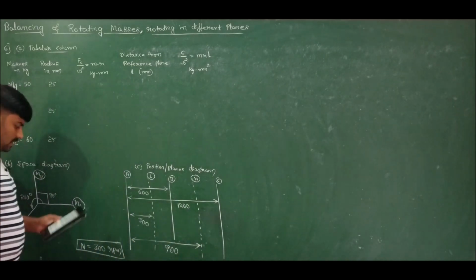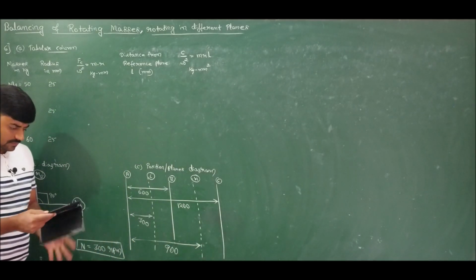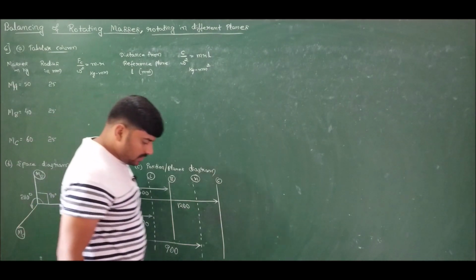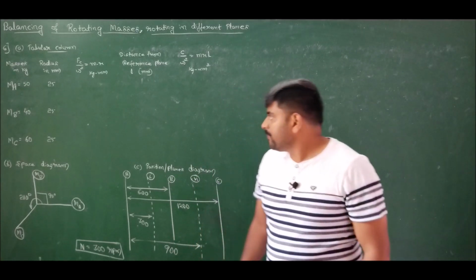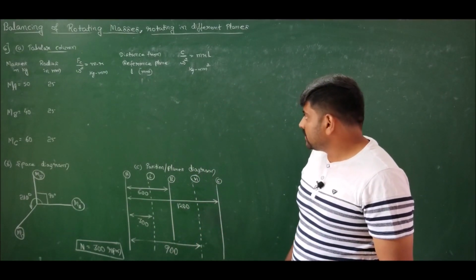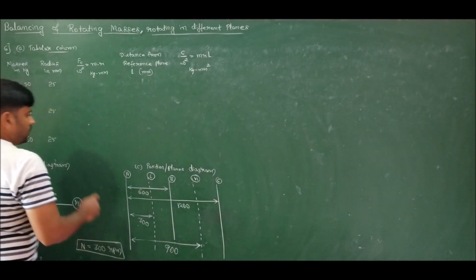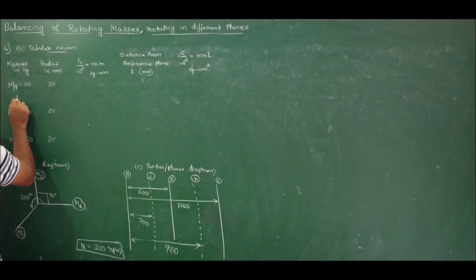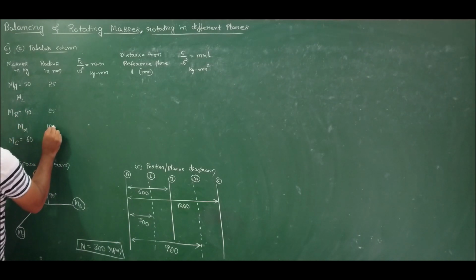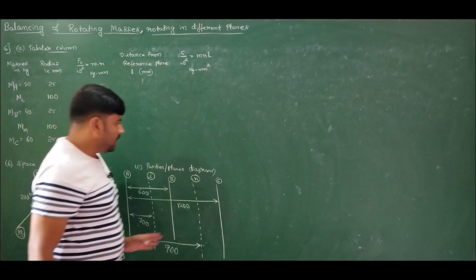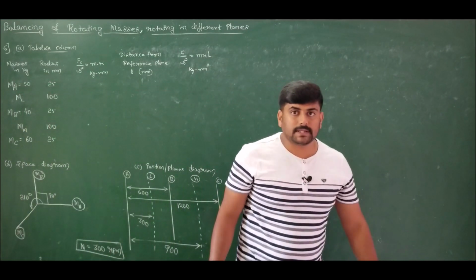So this is the data given for us. He has also specified the radius of rotation of masses L and M as 100 mm, that is, ML and MM are rotating at a radius of 100 mm in the planes between AB and BC respectively.